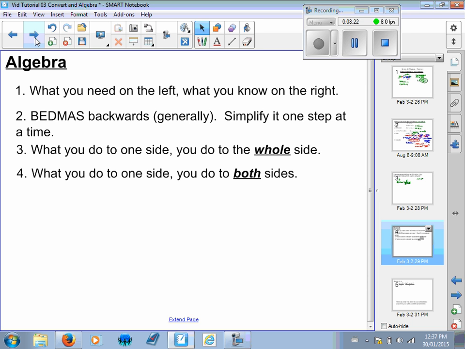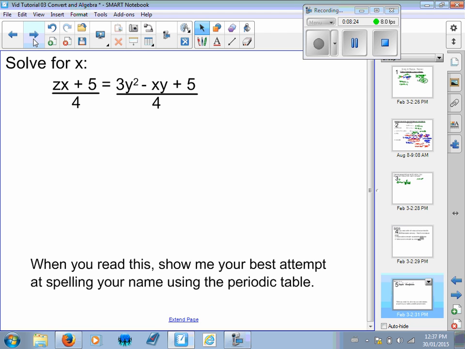So here's our example. In this case, we're asked to solve for x. So we have an x term here, we have an x term here. I'm going to go through this step by step, and you can follow along as we go. So the first thing in Bedmas is brackets, right? And when we have a division like this, that 4 is on both sides.